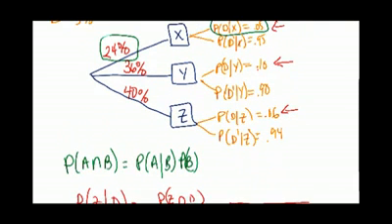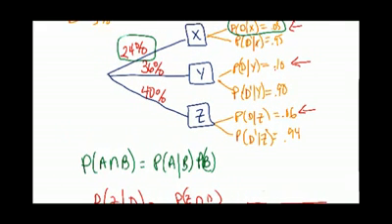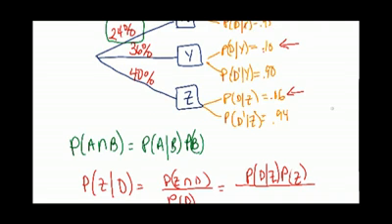So at the top would be the intersection of Z and defective. So in this case, that's how you get the intersection of those two. And then the bottom is going to be all the defectives.